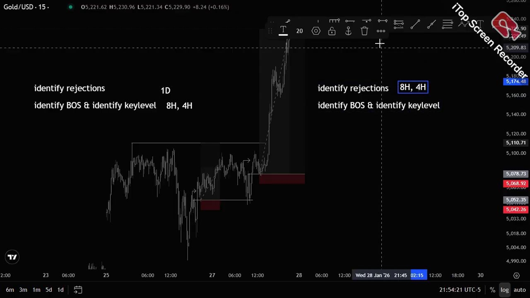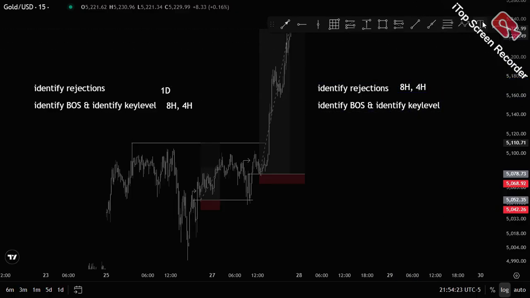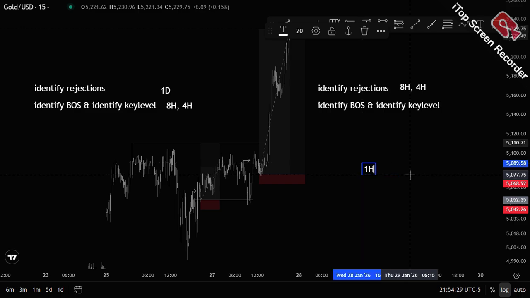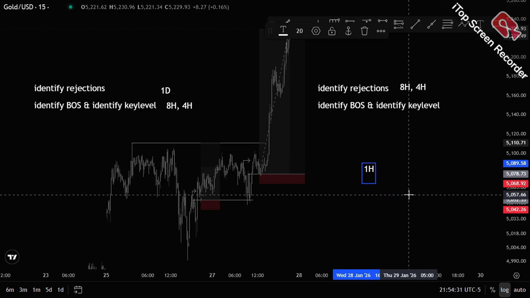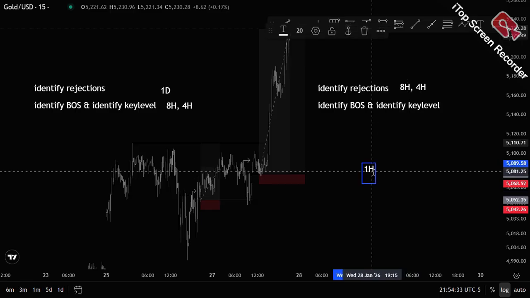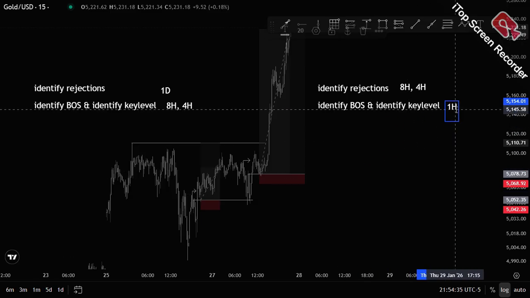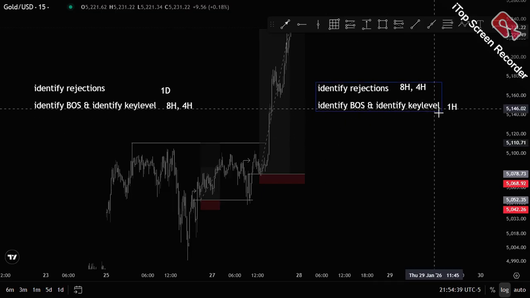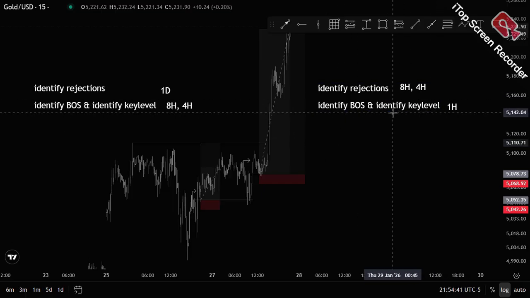Yeah. So your key level now will be the 1 hour time frame, right? So this is where you now find your break of structure and identify your key level on the 1 hour time frame.